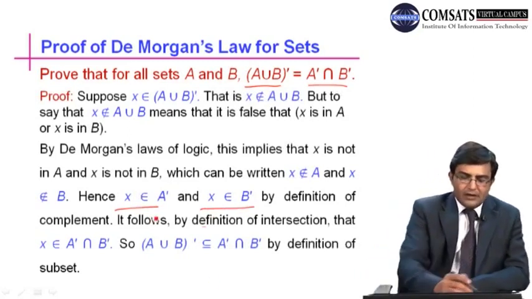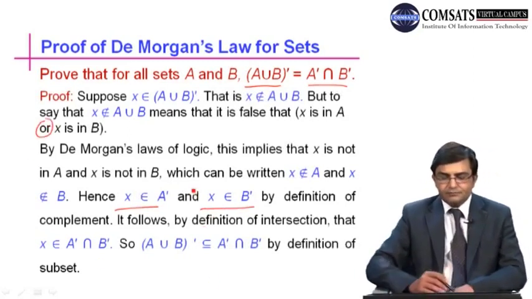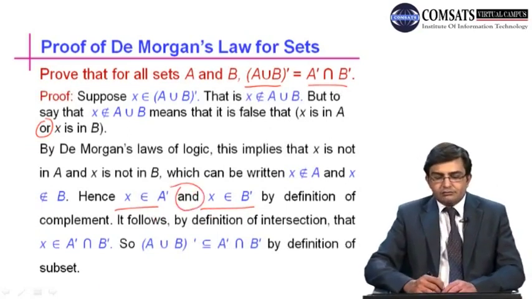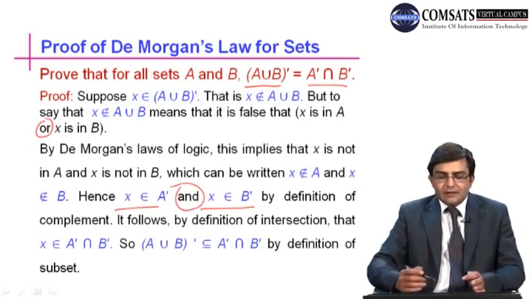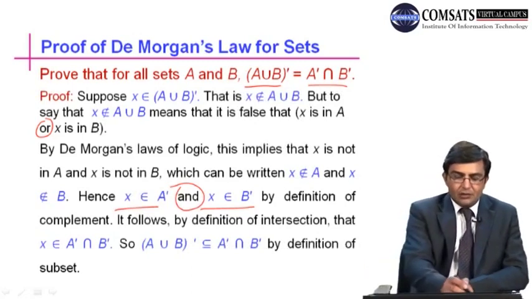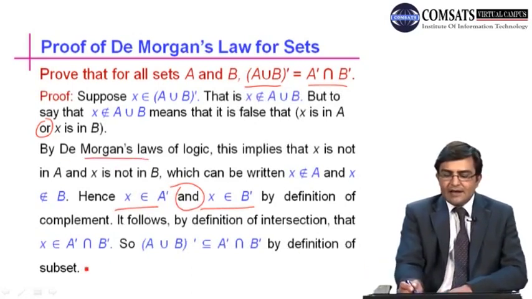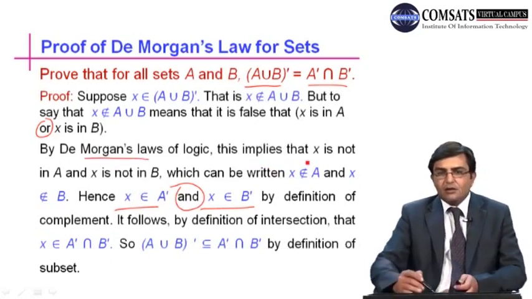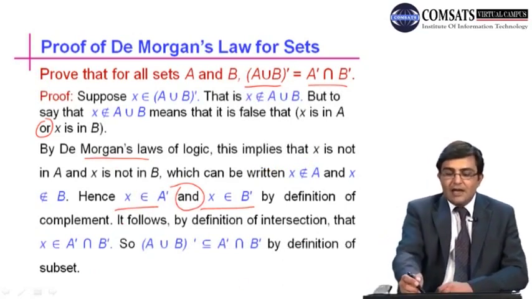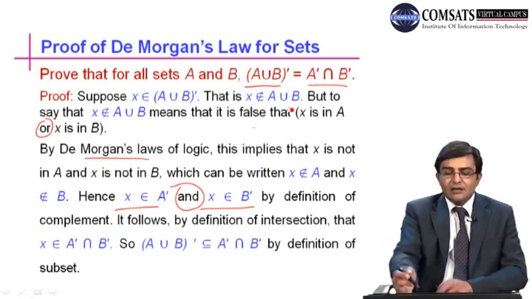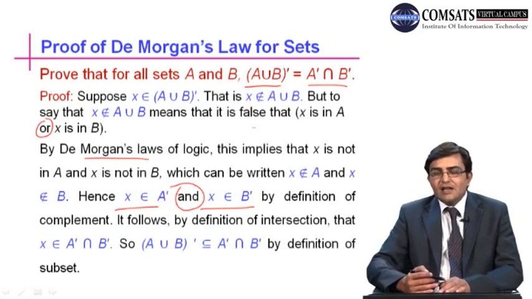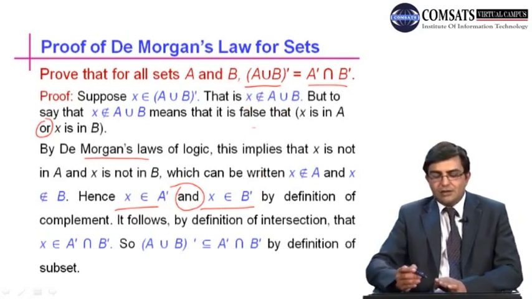Here we have or, here we have and. So this is basically, as we have studied in logic, De Morgan's law. This implies that the negation of this is what? If X doesn't belong to A union B, what is the negation of this? X belongs to A complement and X belongs to B complement.